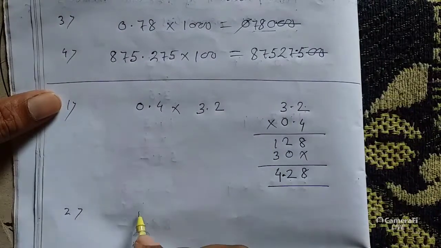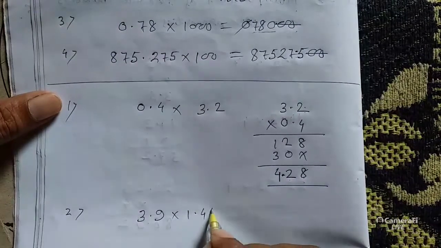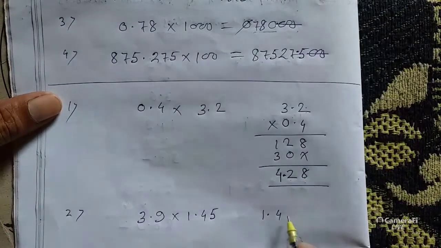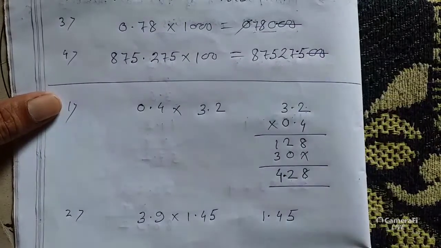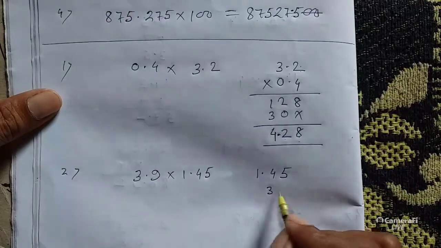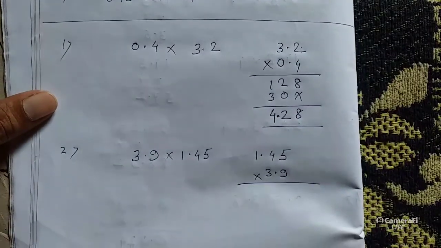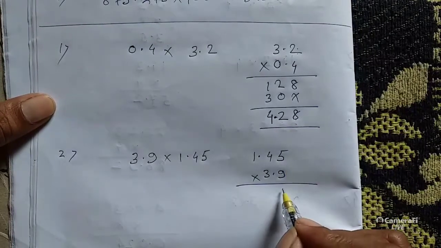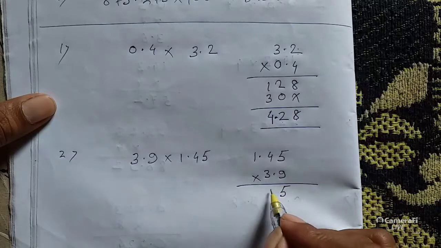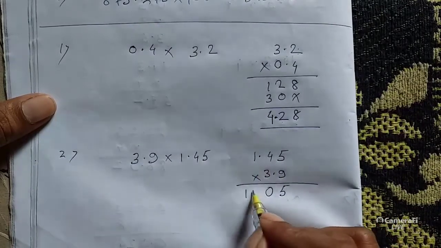Similar type, suppose we have to multiply 3.9 and 1.45. We are taking the number with more digits first, 1.45, and multiplying it by 3.9. Just forget the decimal and multiply. 9 5s are 45, 4 carry. 9 4s are 36 plus 4, 40, 4 carry. 9 1s are 9 plus 4, 13.